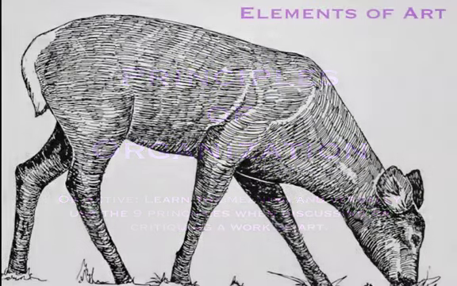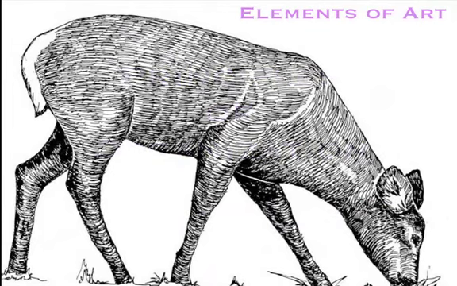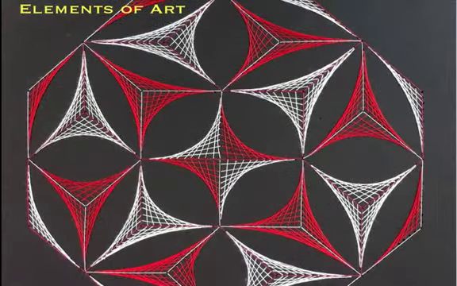Now, this first image, the main element of art is line. And in this string art assignment, the element that stands out is shape or form.